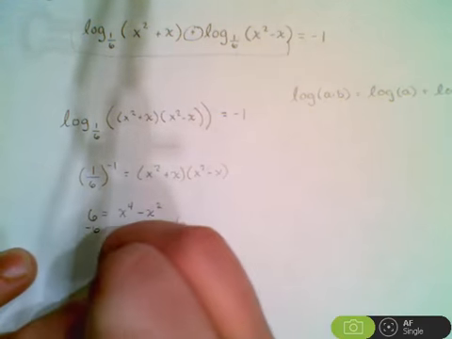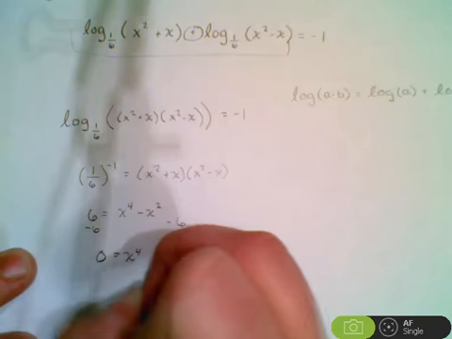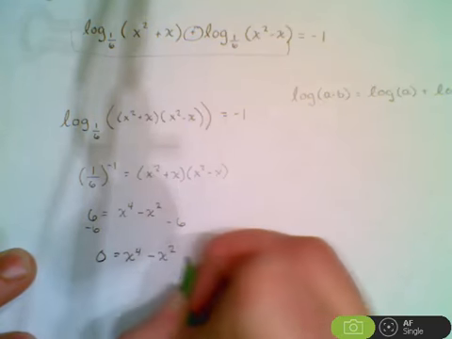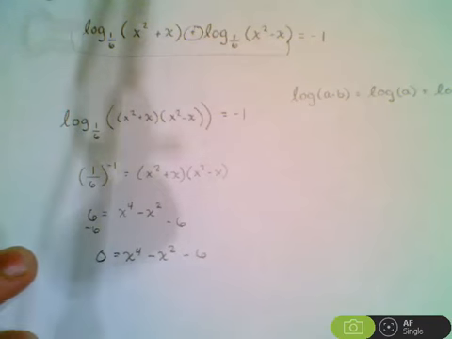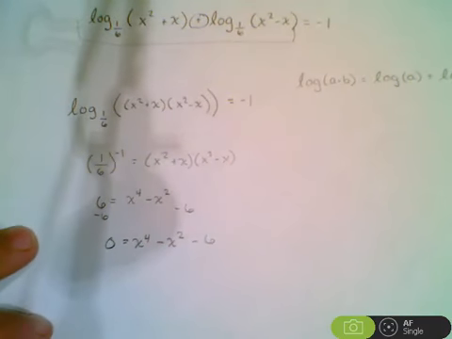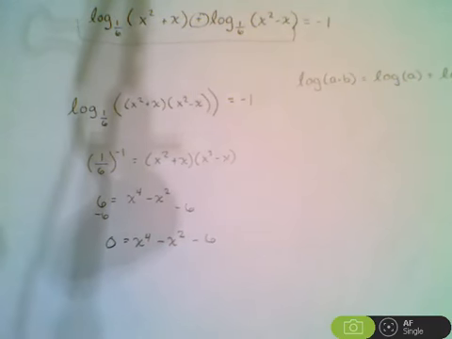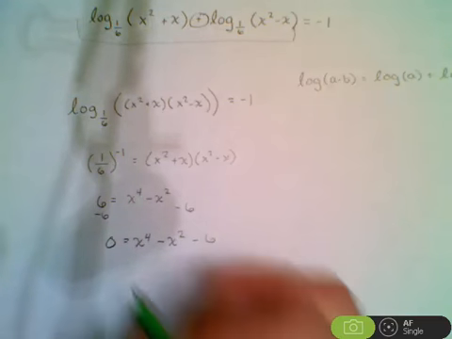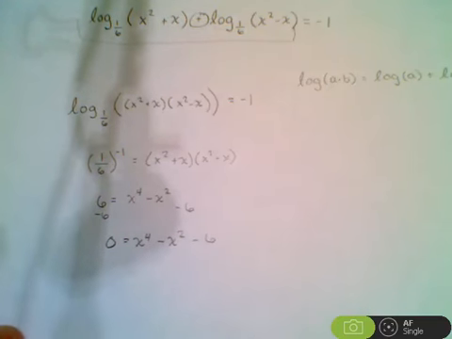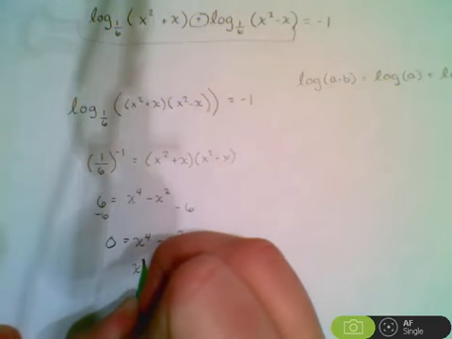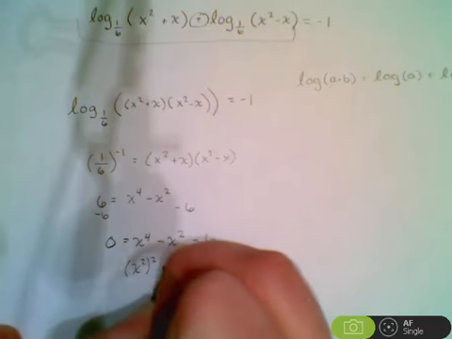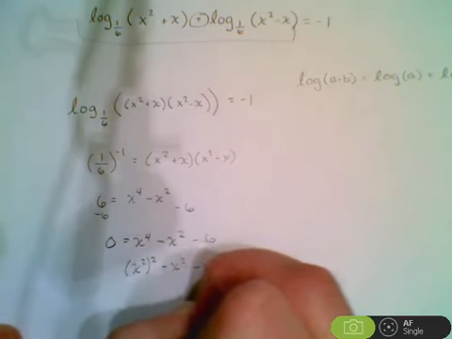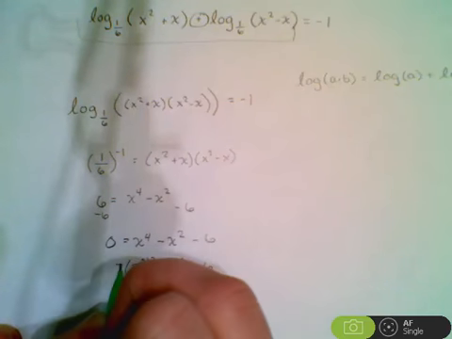I get 0 equals x to the 4th minus x squared minus 6. So then I can just factor this out. Since this is technically a quadratic, it's technically x squared squared minus x squared minus 6 equals 0.